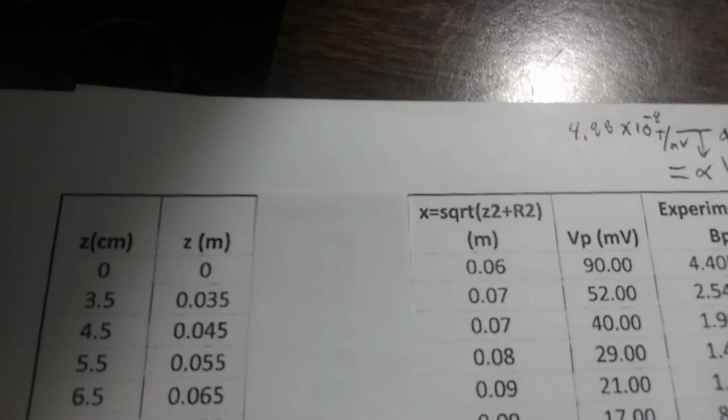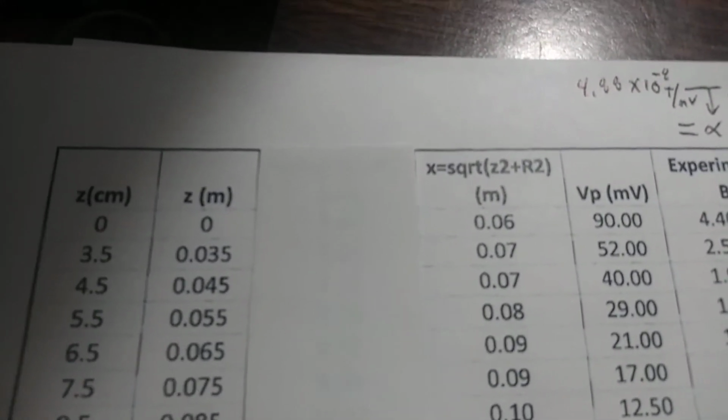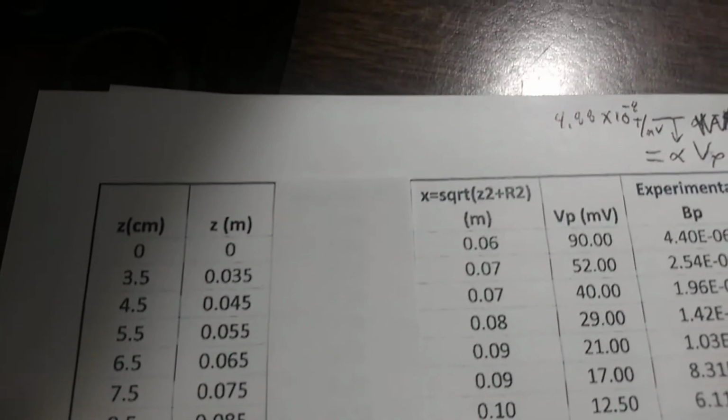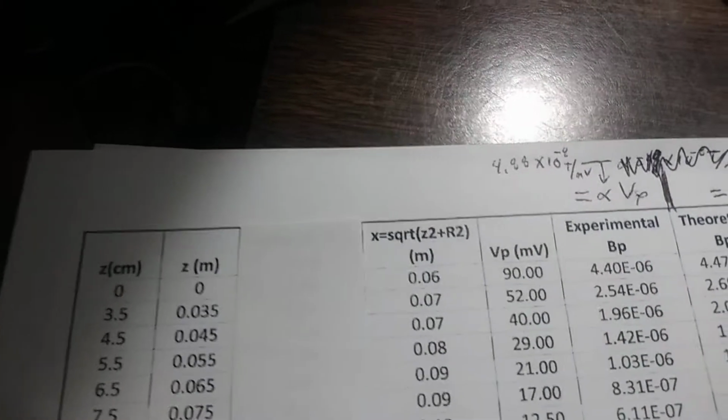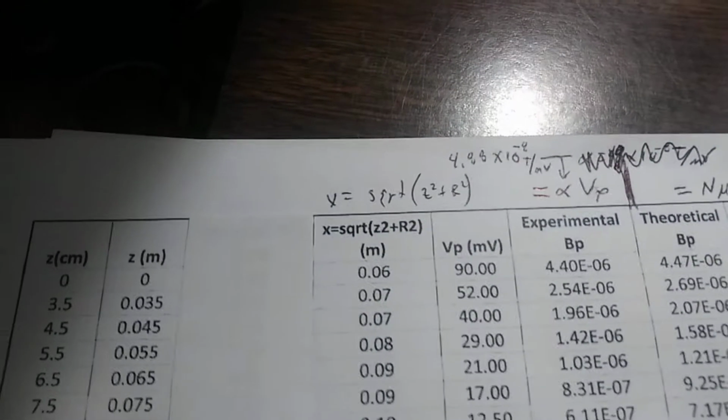So you can calculate X right here, the square root of that denominator, from Z and R. Let me write that down: X is equal to the square root of Z squared plus R squared.